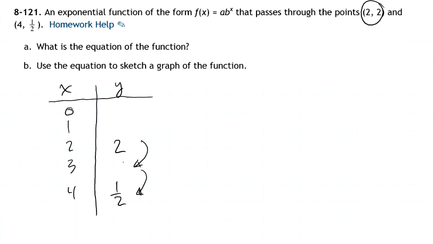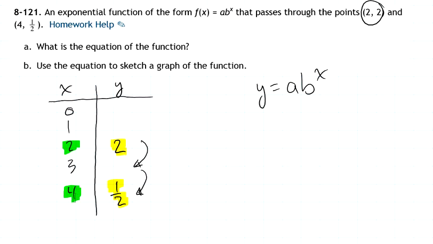What we've been looking at in class is considering this function y equals ab to the x, and then writing two equations based on the points we have. For example, I've got y is 2 and x is 2. And I also have another point where the y is 1/2 and the x is 4.